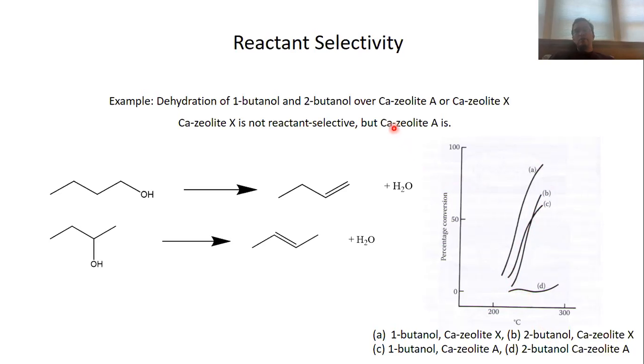But if we use calcium zeolite A, which has smaller pores, then you can see, and that is shown here in C, that the linear alcohol can still enter the pores.